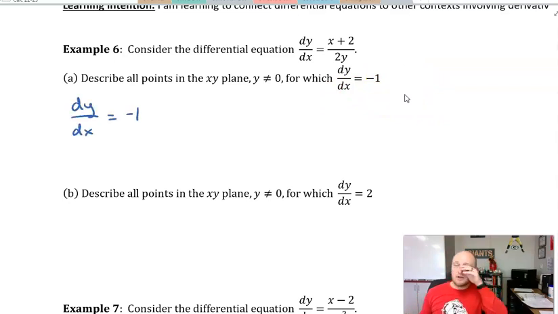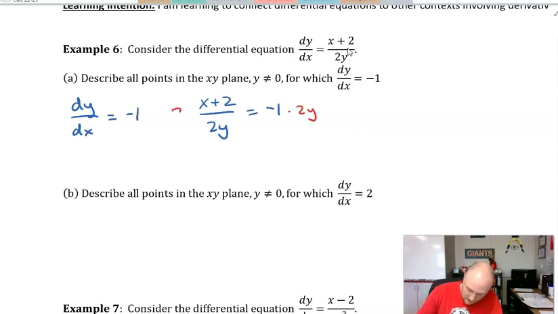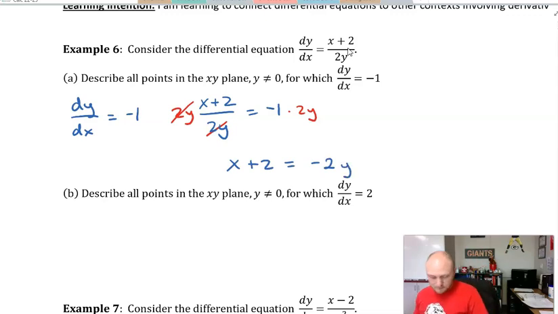And sometimes you're like, okay, where do I go from there? Well, ask yourself, what is dy/dx? Oh, that's (x plus 2) over 2y. So I'm going to say, okay, (x plus 2) over 2y equals -1. Okay, how do I solve that? Well, I'll multiply both sides by 2y, and we get x plus 2 is equal to -2y.